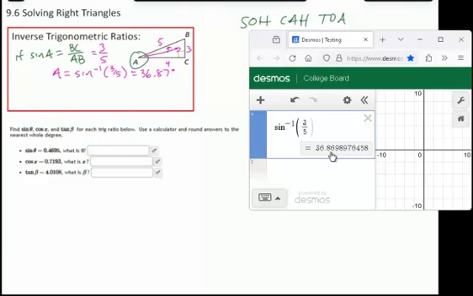Okay, now, you could have used any of the trig ratios for this, right? I could have also set this up and said that the cosine of A is adjacent 4 over hypotenuse 5. And so if I wanted to solve for A, I could take the inverse cosine of that ratio 4/5.